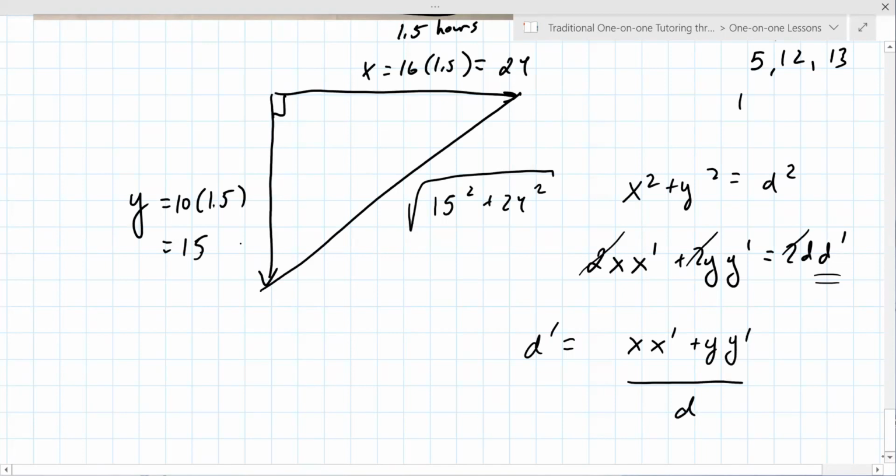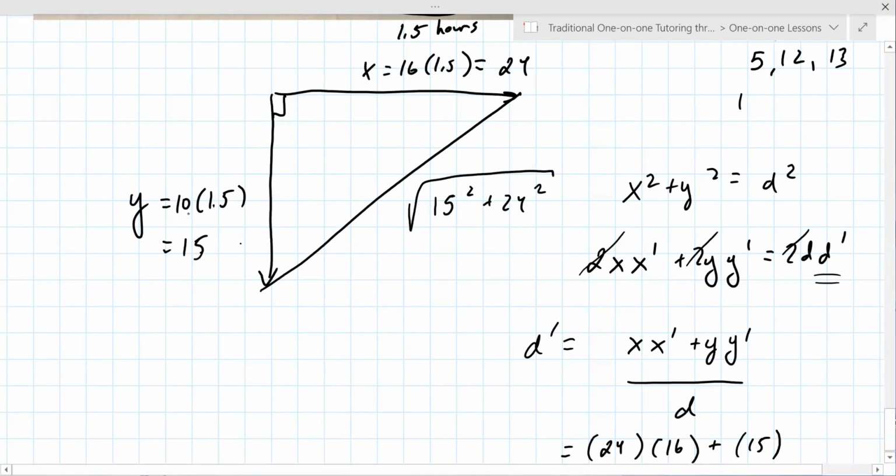So we just have to take all these numbers we just found. The x value is 24. X prime is 16. That's how fast it's traveling. Y is 15. I'm choosing down to be negative, although I don't know that that's quite right in this problem.